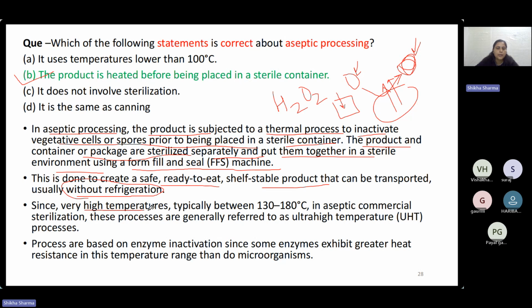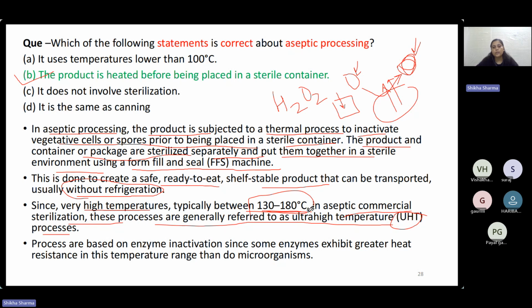Since a very high temperature is applied, around 130 degrees Celsius to 180 degrees Celsius in aseptic commercial sterilization, these processes are generally referred to as ultra high temperature processes. As we already discussed, the UHT process uses 130 to 180 degrees Celsius.